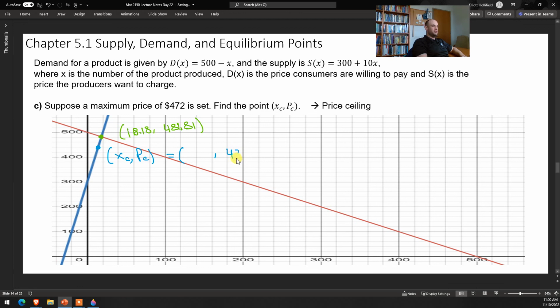Our maximum price is 472. Now, how many units are the producers willing to produce at that price point? We take 472 and set that equal to our supply curve. That is 472 is equal to 300 plus 10x.